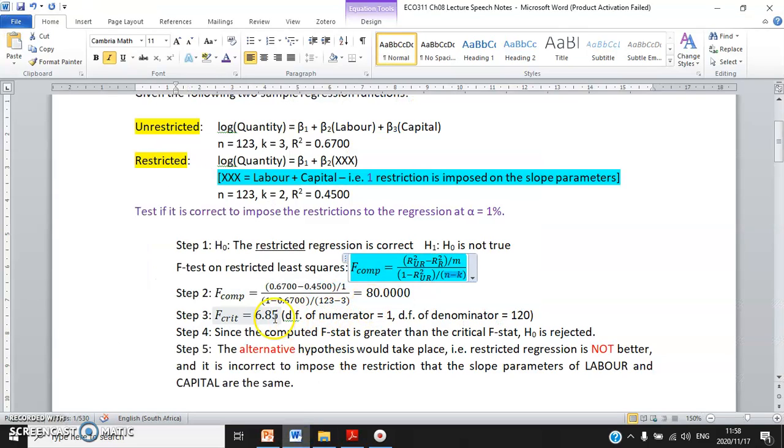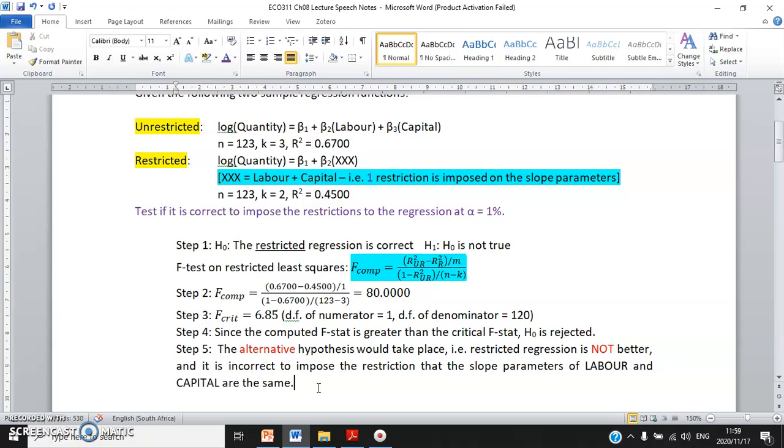Okay, 6.85, and since the computed f-stat is way much greater than the critical f-stat, we reject the null hypothesis, meaning the alternative hypothesis is more likely to happen. Then it means the restricted regression is actually no better, meaning it is actually a wrong decision to impose the restriction that the slope parameters of labor and capital are the same.